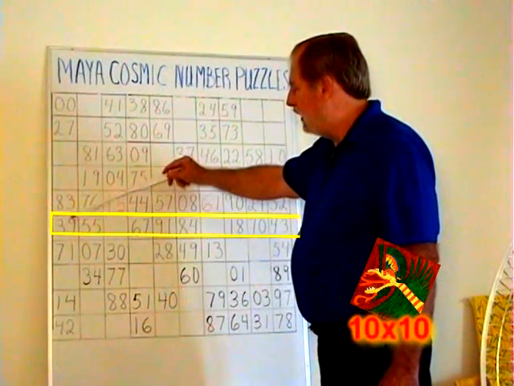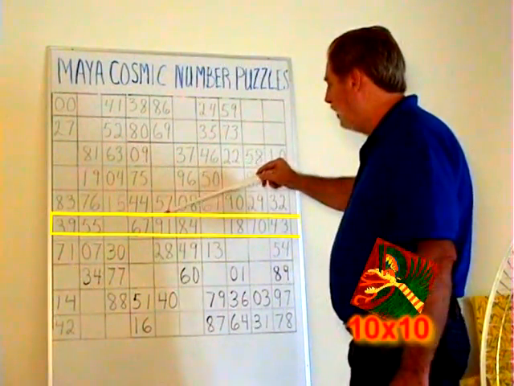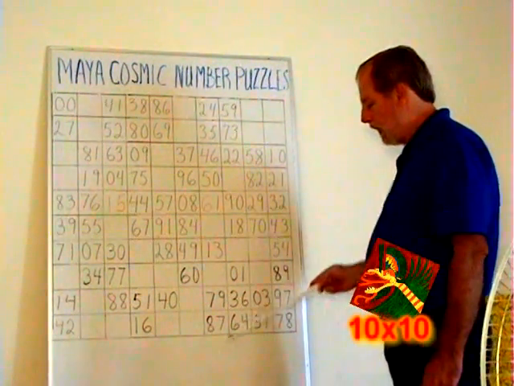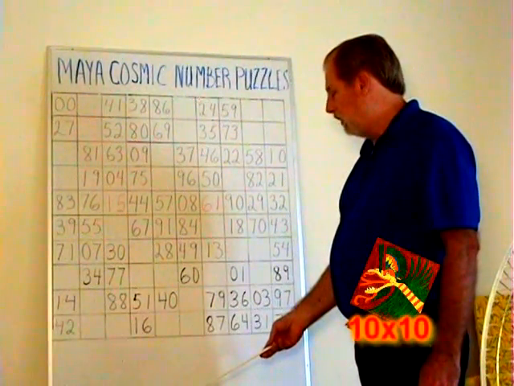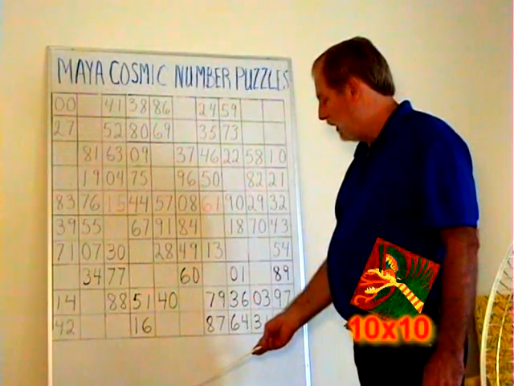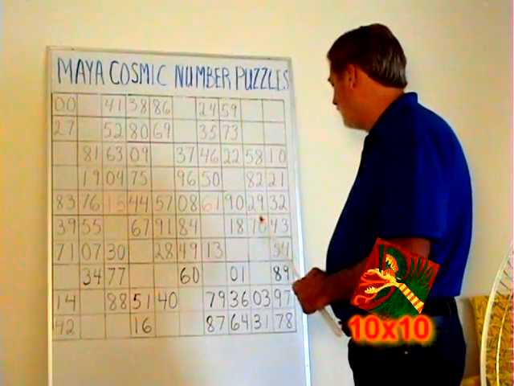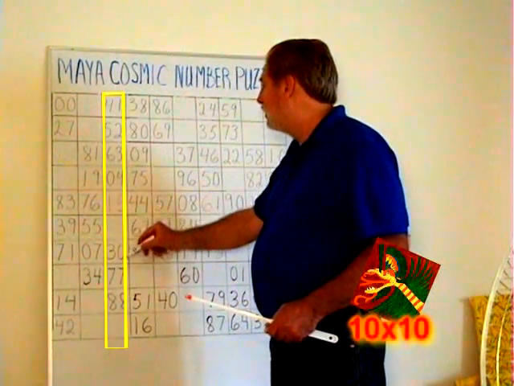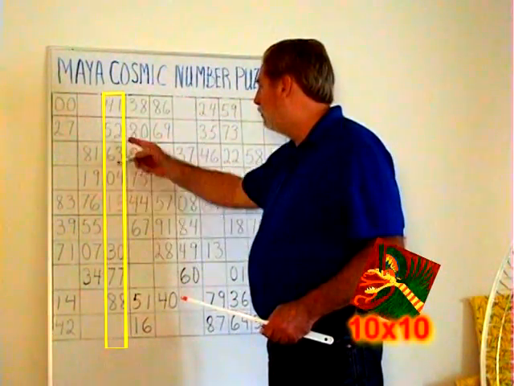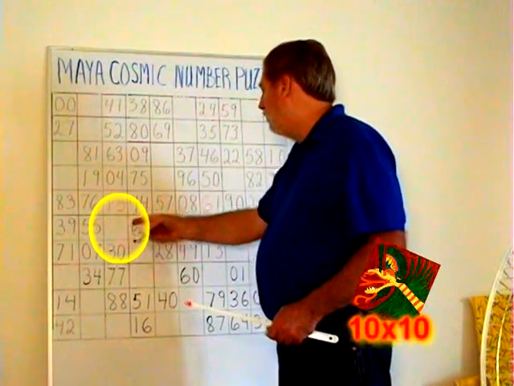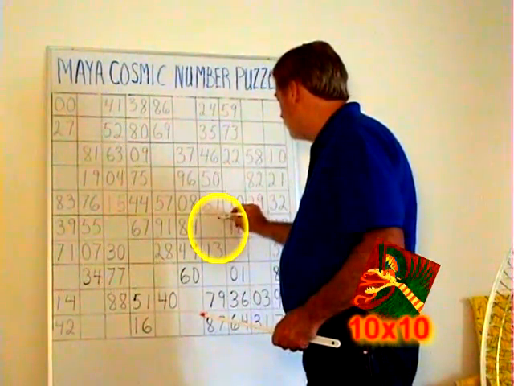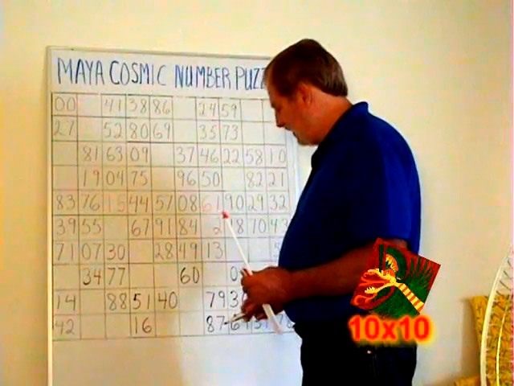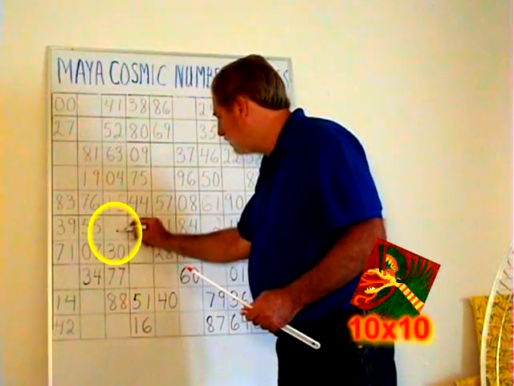The next row that is easy to complete would be this row here. We have a 9, a 5, a 7, a 1, a 4, an 8, a 0, and a 3. That means that we are missing a 6 and a 2. As you can see in this column, the 2 would be placed over here, and the 6 would be placed in this position here.